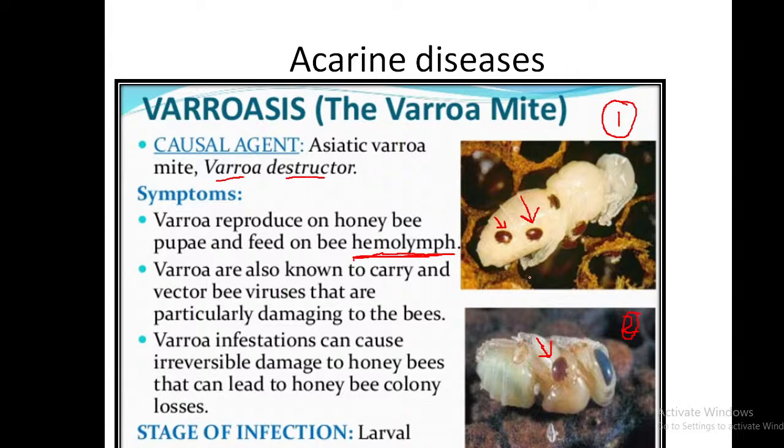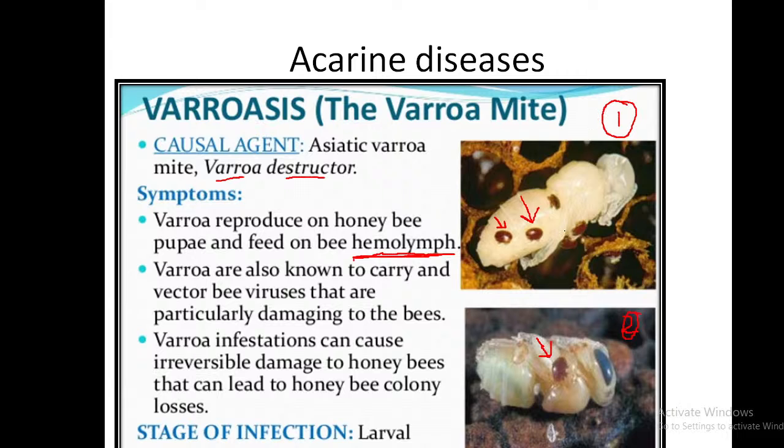These are the dangerous things as a result of the attack of varroa. ഈ ചെല്ല് കടിക്കുന്നത് കൊണ്ട് ഹണിബിയുടെ ഹീമോലിംഫ് പോവും, 2 മുറിവുണ്ടാകും, 3 ഇൻഫെക്ഷൻ ഉണ്ടാകും. കാരണം ഈ മൈറ്റിന്റെ പുറത്തുള്ള വൈറസുകൾ ഹണിബിയുടെ പുറത്തും എത്തും. So it will cause irreversible damage to the honeybees and that will lead to honeybee colony losses. അങ്ങനെ ആകെ മൊത്തം നഷ്ടമുണ്ടാകും.